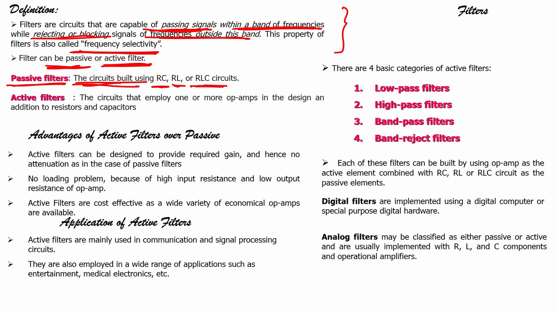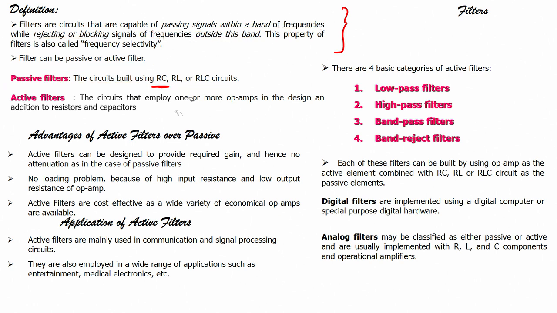We have already seen what passive components and active components are. When we talk about active filters, these are circuits that employ one or more operational amplifiers or any other amplifier in the design, in addition to the resistors and capacitors. That will be your active filter.